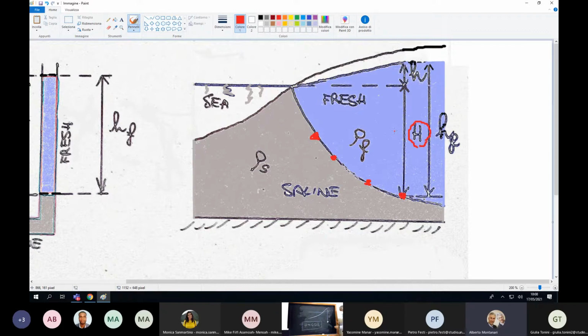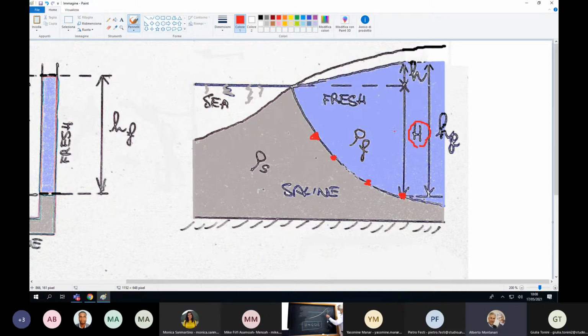Now, you see that this formula tells me that uppercase H, which is the depth of salt water, is about 40 times the depth of fresh water above the sea level.